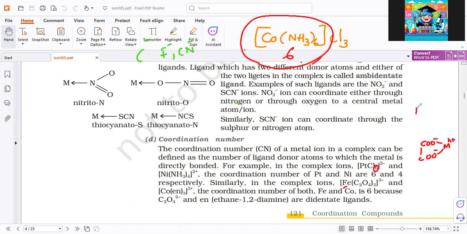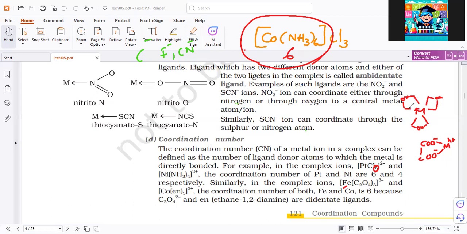Therefore, 2 into 3, 6 is the coordination number of iron. So the number of direct bonds formed to the metal is the coordination number. So here, oxalate forms such a bond where a single oxalate ion will be bound to the metal through 2 atoms.